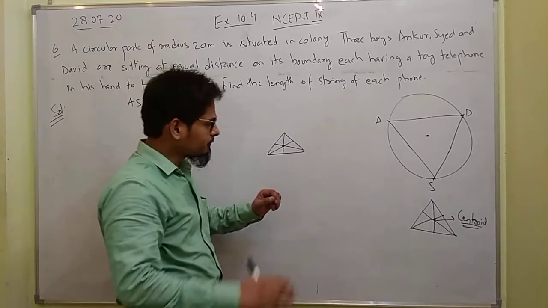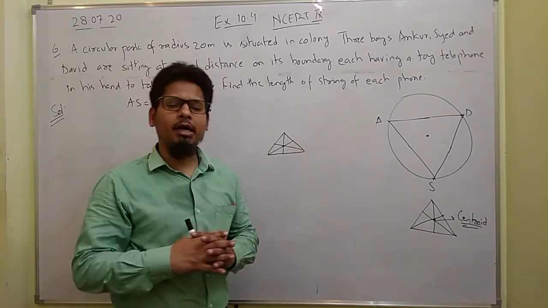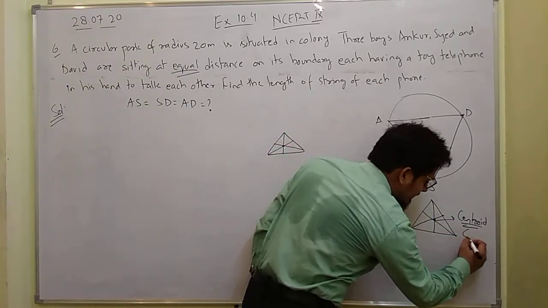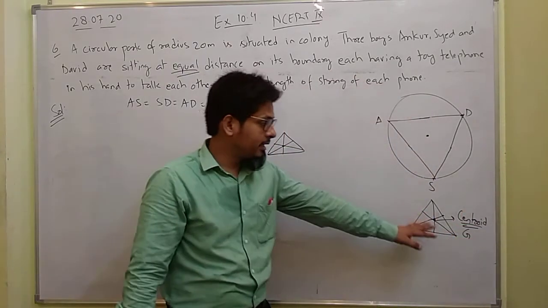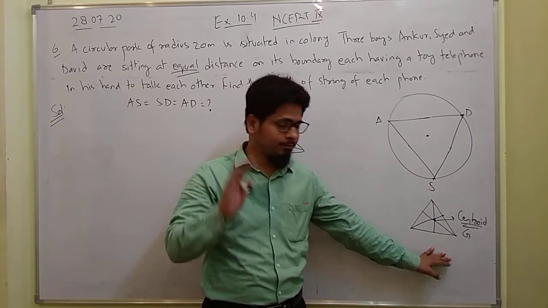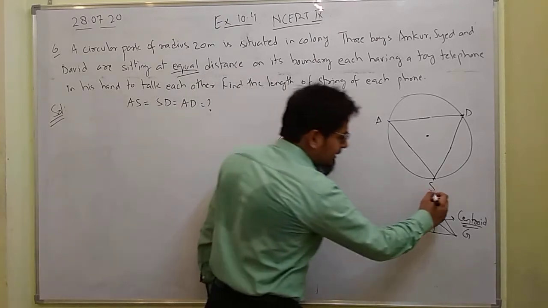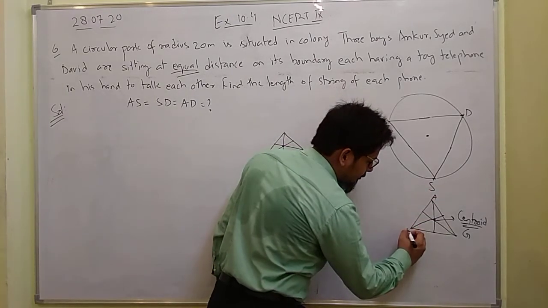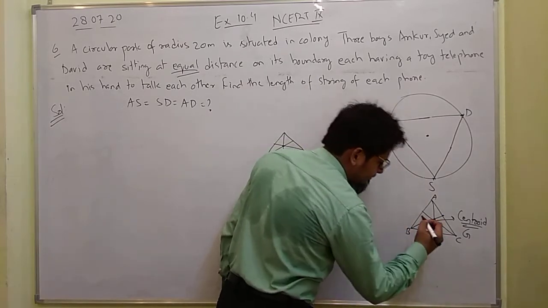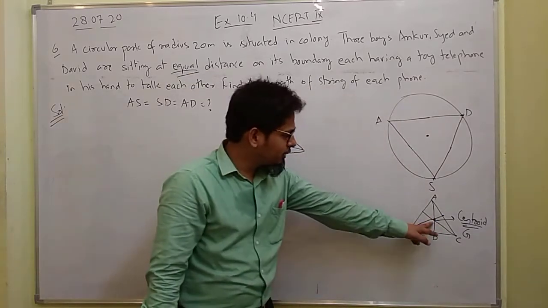Clear? After this, one thing more I am telling you. This point, the centroid, is represented by capital G. This is the knowledge part, a very important part, right? You learn it. Suppose this is point B, this is C, this is triangle ABC, and this is point D, and this is point G, class.